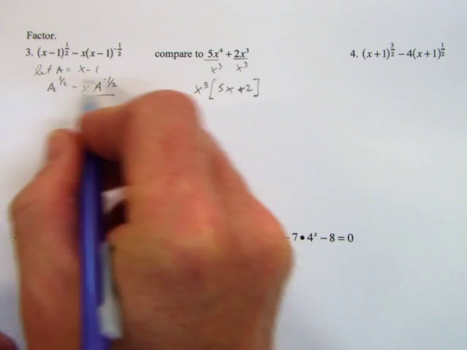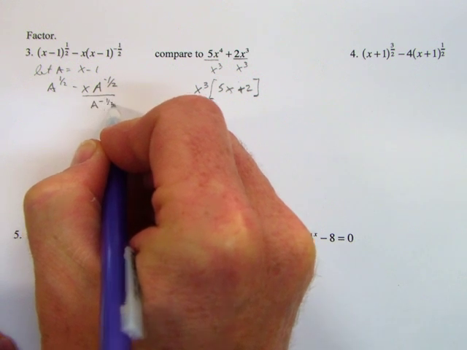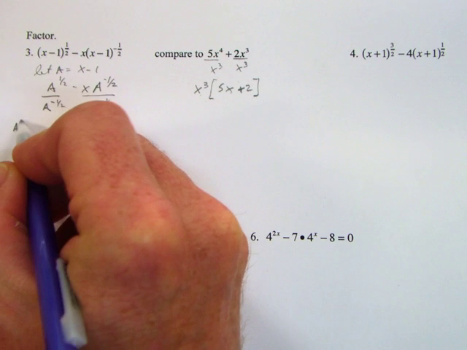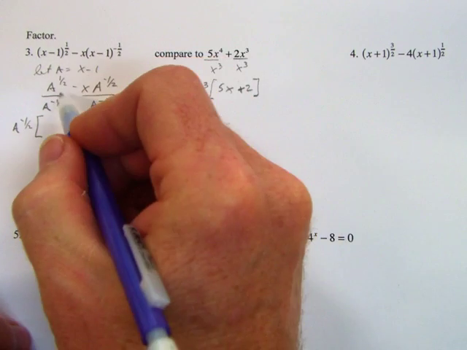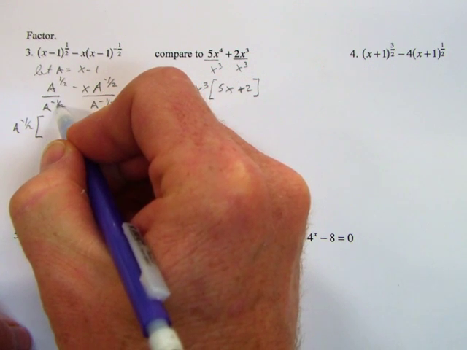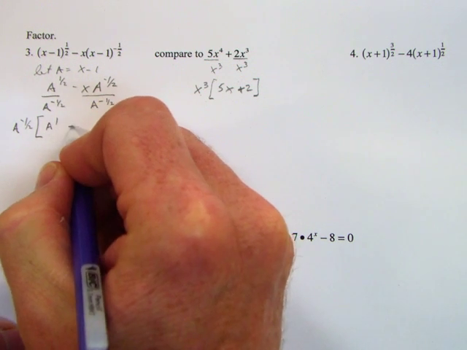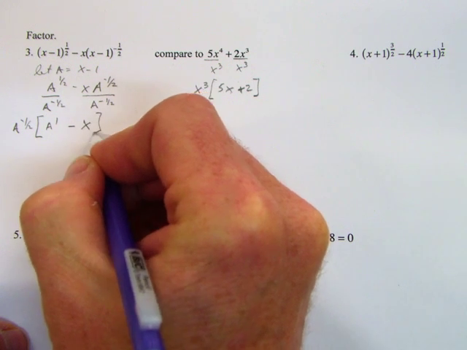If I take this idea there, my smaller of the exponents here would be negative 1/2. So if I factor out a to the negative 1/2 and I divide each term by it, I'll have a to the negative 1/2 times what? Well, we'd have 1/2 minus negative 1/2, so that'd be 1/2 plus 1/2, or a to the 1, minus the a to the negative 1/2 reduces out, and we're left with x.